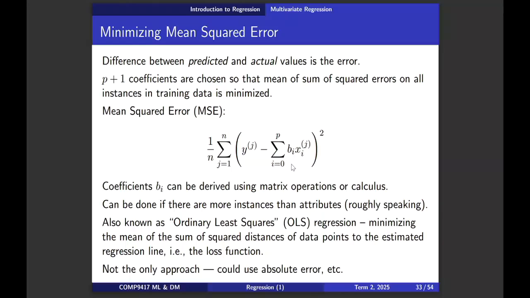So this is conventionally known as ordinary least squares. In fact, the simple linear regression that we looked at before is also ordinary least squares, but we just had one variable there. So this is the general case of that. Now, we're going to derive a solution, if I have time, in terms of this loss function MSE for this model class.